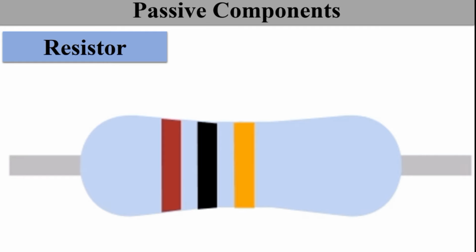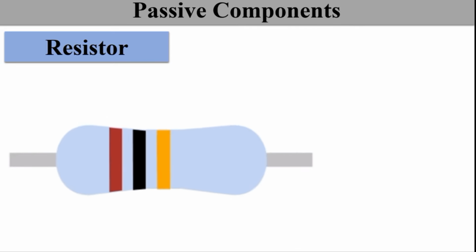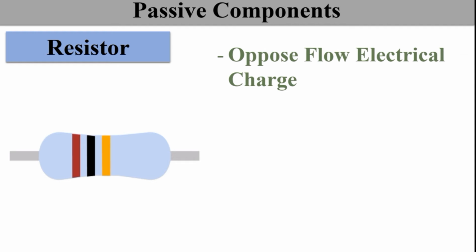Color code can be different for a resistor and it varies according to the value of the resistor, which we measure in ohms. Let's understand what is resistor. This is the passive component which opposes the flow of the electrical or electronic signal current and has the positive temperature coefficient of resistance, and is known as the resistor.